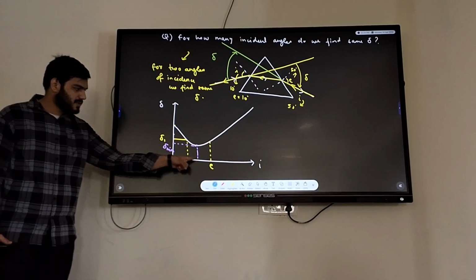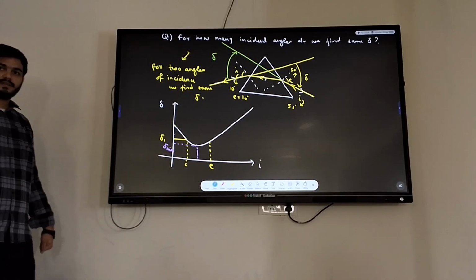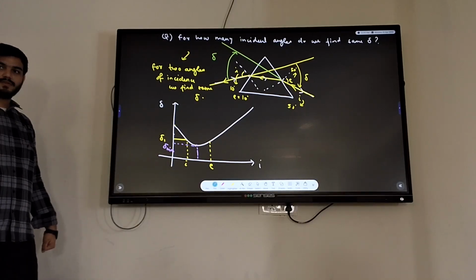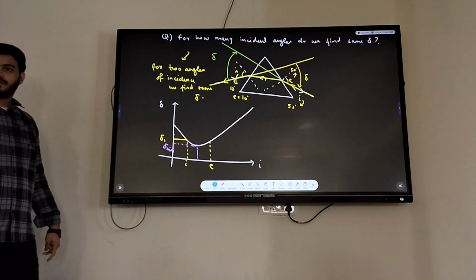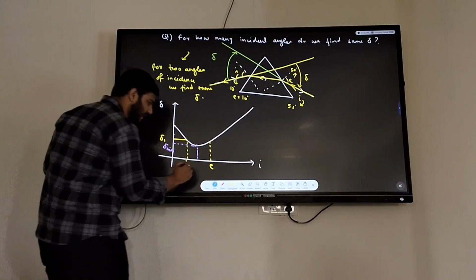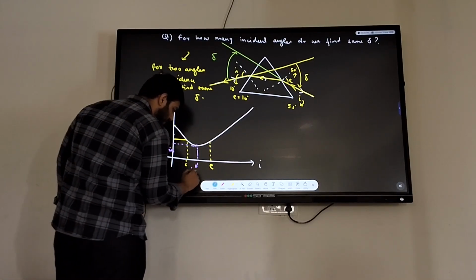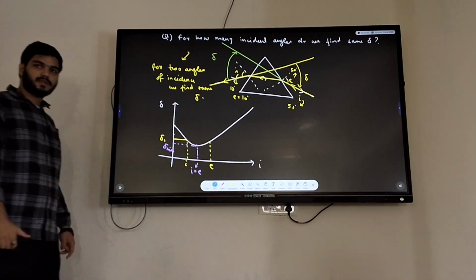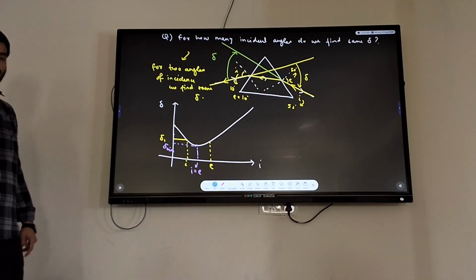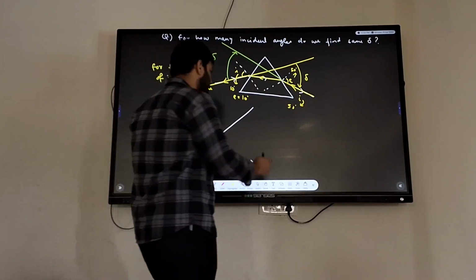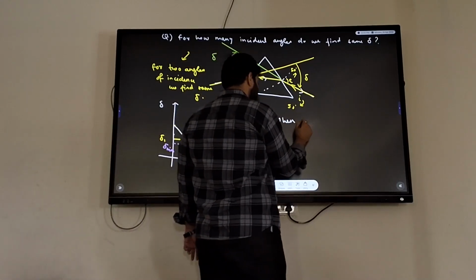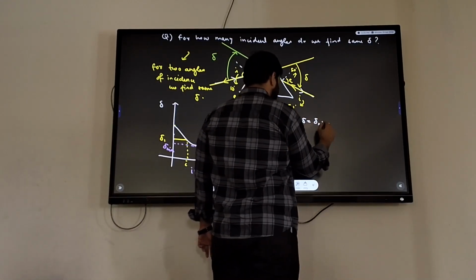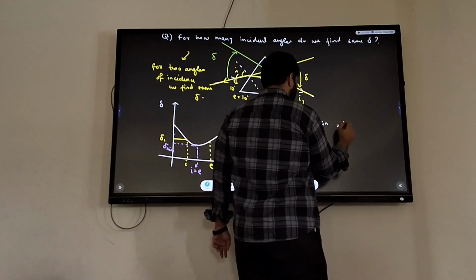At this, what should be the condition between I and E? Equal. They should be equal. So I is equal to E at this point. So when delta is equal to delta min, I is equal to E.